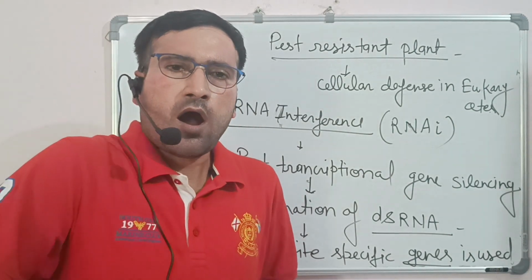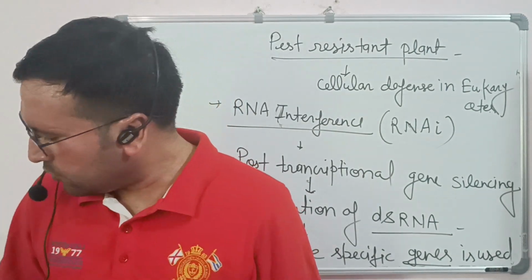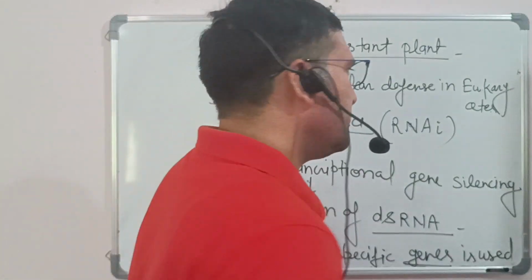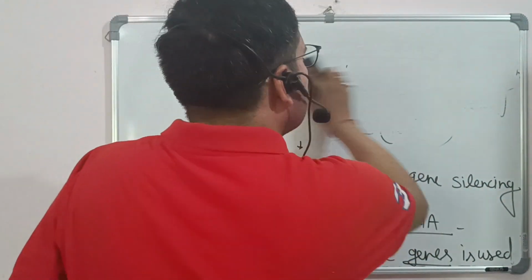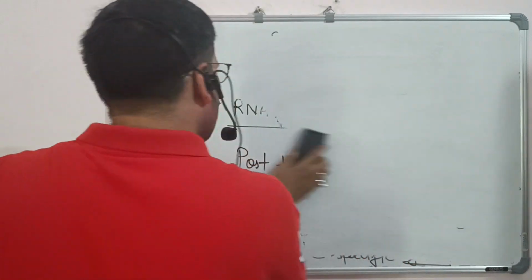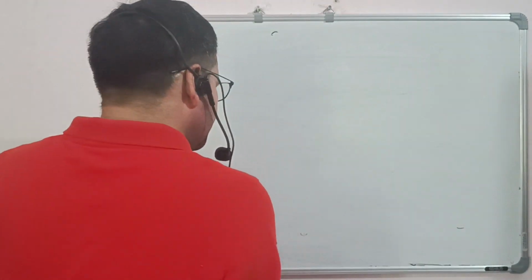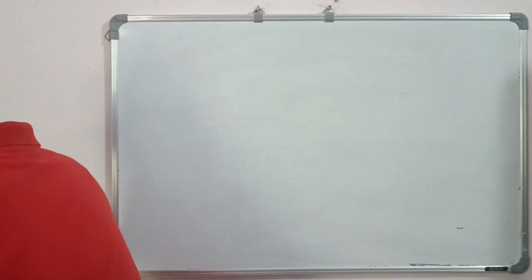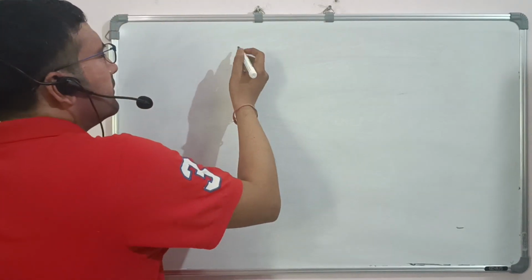So, how to produce the cellular defense in different plants? We are talking about that particular plant called tobacco plant, resistance in tobacco plant.